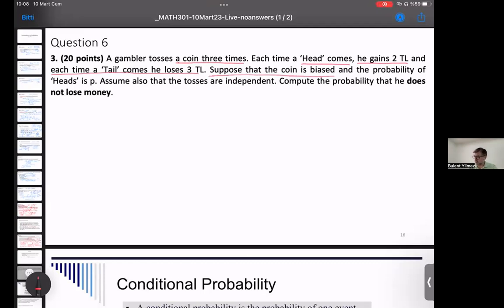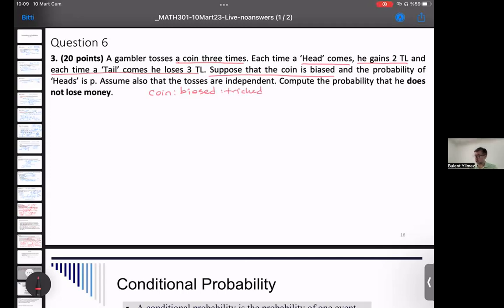What does it mean, coin being biased? Or biased coin, what does it mean? Also, it's not fair, right Hocam? It's going to be tricked. Okay? Biased, tricked. Or hileli, as Enes says.